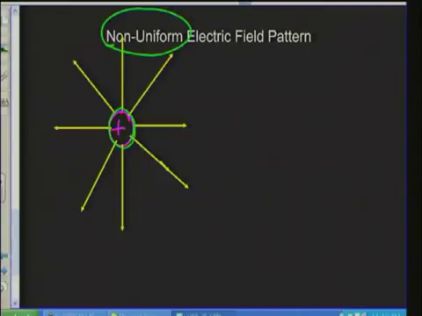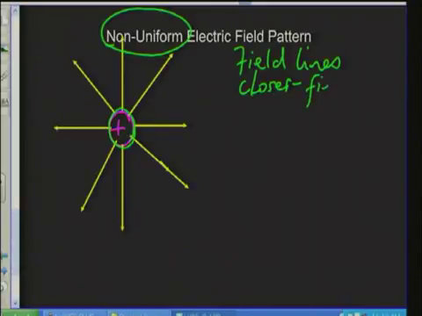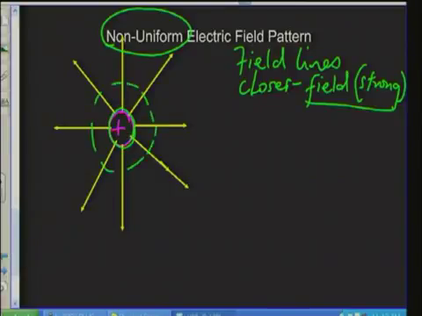Now, look at it. When field lines are closer to each other, the field is strong. So here we're talking about strong field, so I'll just write strong field there. In here, the field is strong.